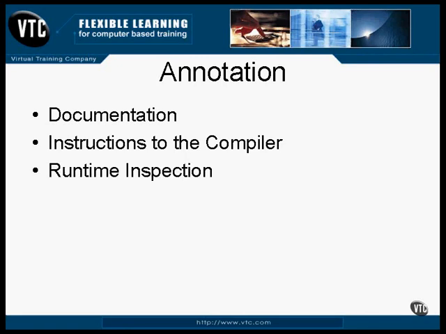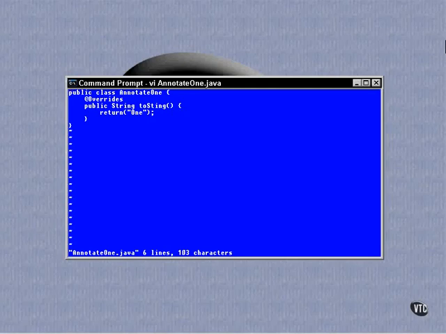Because some annotation information can be included in the runtime code, it is possible to inspect the annotation information at runtime. Inspection is not covered in this lesson, but it is covered in a future lesson. Let's start with a simple annotation. An annotation always begins with the @ character, and it always comes immediately in front of the item being annotated.